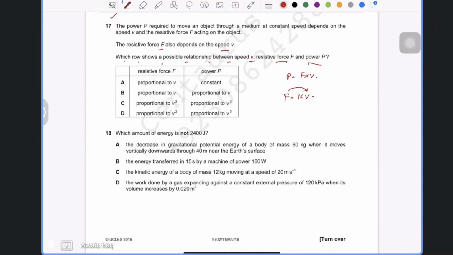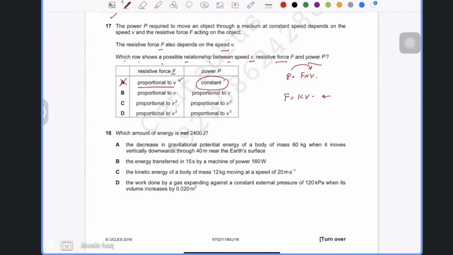But if I check the first one, it says the resistive force is proportional to v squared. We don't know this, it just says it is a possible relationship. If this was a possible relationship, which is true to what I've thought, but then it says power stays constant. So power would not stay constant. If the speed increases, power cannot stay constant because power itself is related to v. That would mean that A is an incorrect answer.